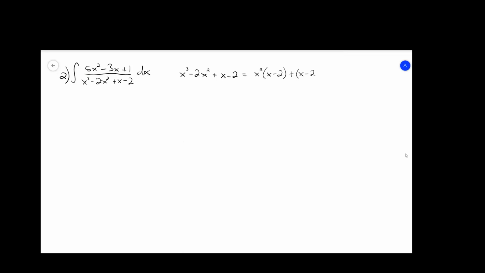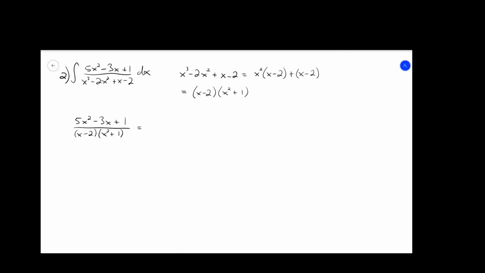But notice that when you do that, you get the x plus 2. That's the key for factoring by grouping, is that when you do factor out of the first two terms, whatever is in those parentheses there is the same thing. That's what has to happen. And then after you do that, you can then factor out that x minus 2, since it's common to both. If you do that, then you're left with x squared plus 1 in this situation. So that means what we're trying to do from here is find the partial fraction decomposition for this expression here.